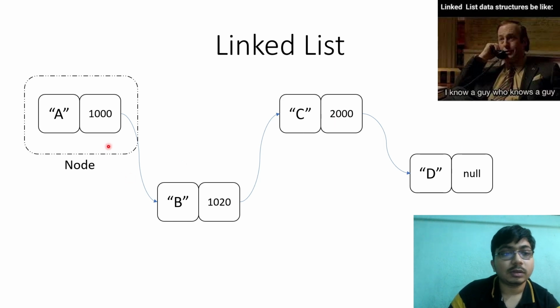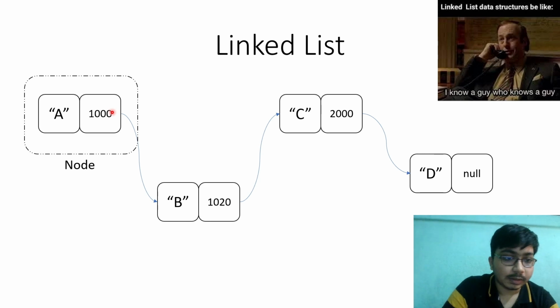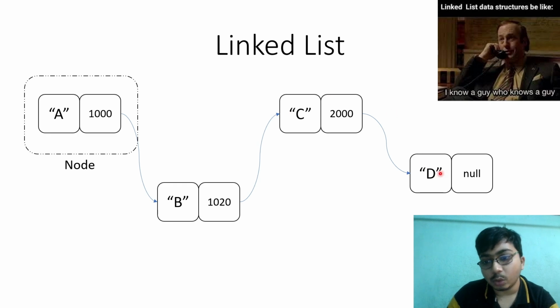We only store the location of the head element of our linked list, and this first node is called the head element. Then the head element has the location of the next element in our linked list, and we traverse this list in this way until we find a node where the next element location is set as null.